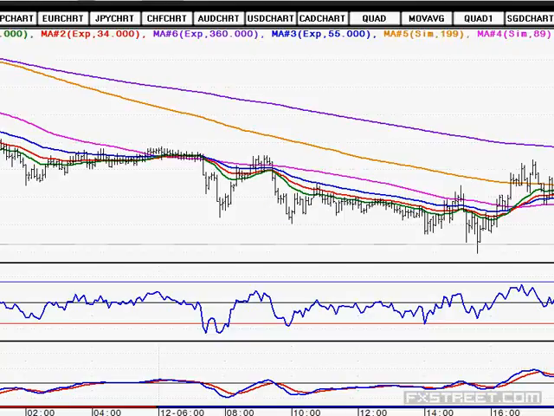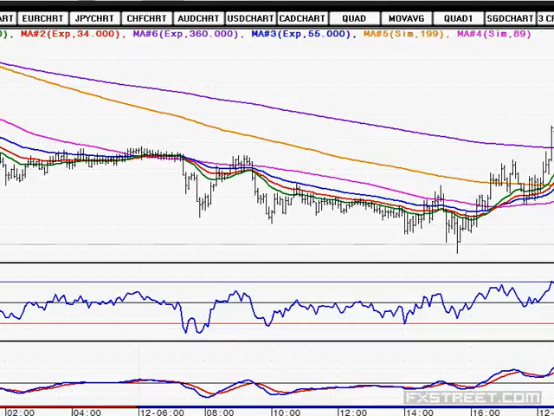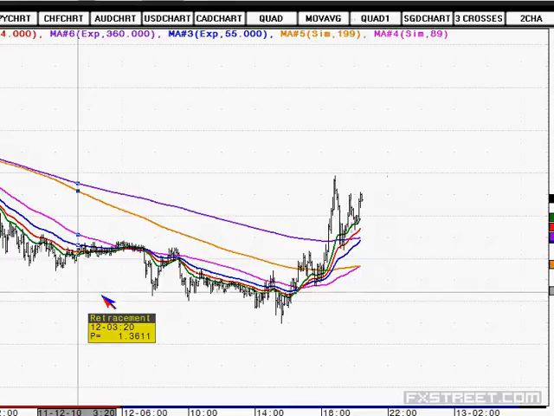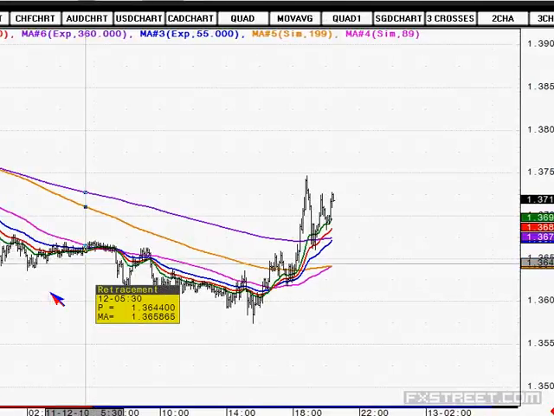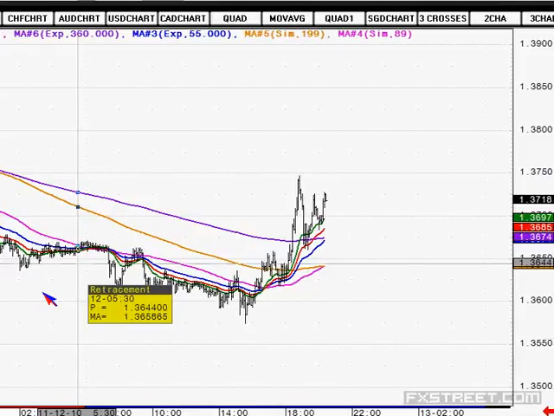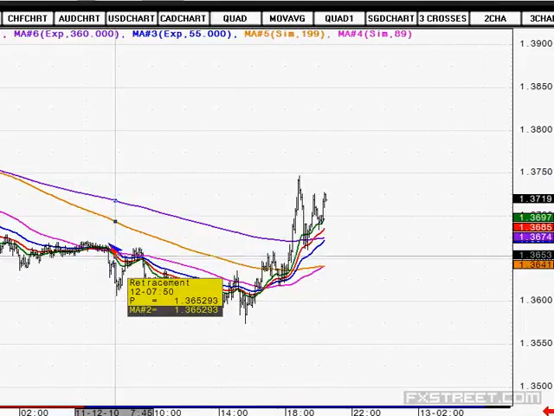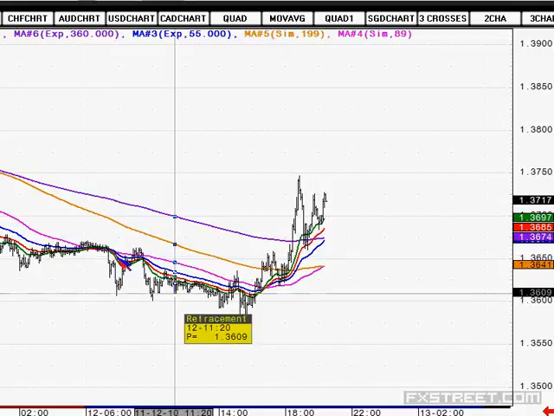Now, looking at this, how do we know whether the market has reversed or whether the market is about to reverse? By looking at this signal, more or less I feel the price is about to reverse, but it has not given us a confirmation yet.